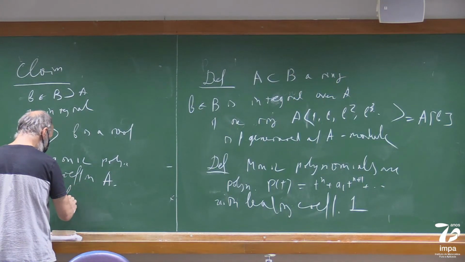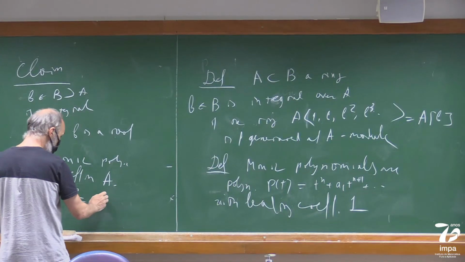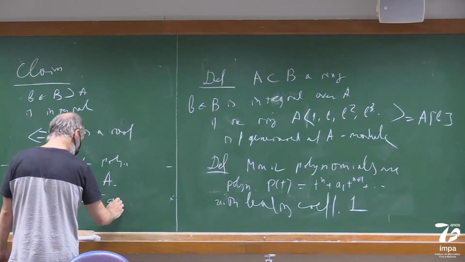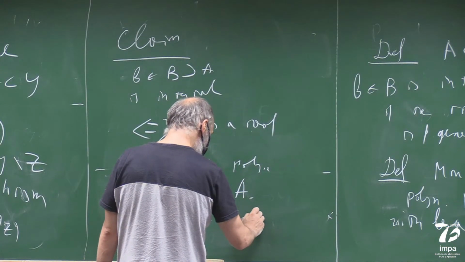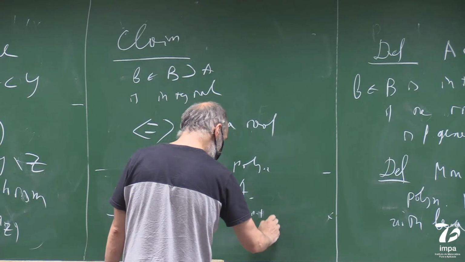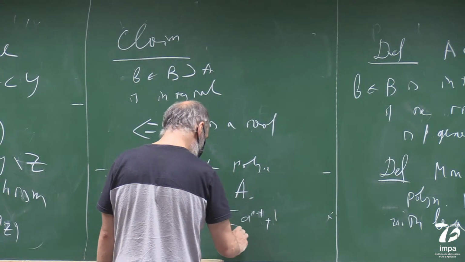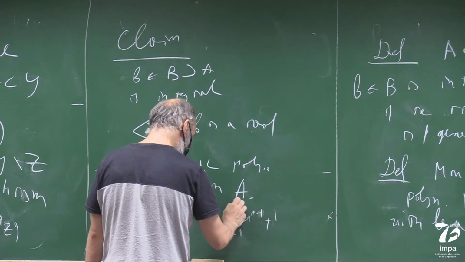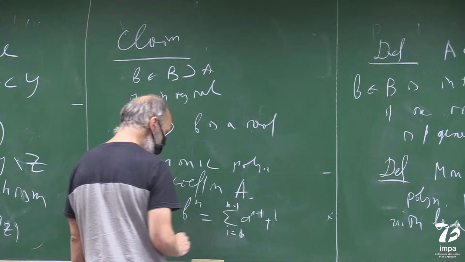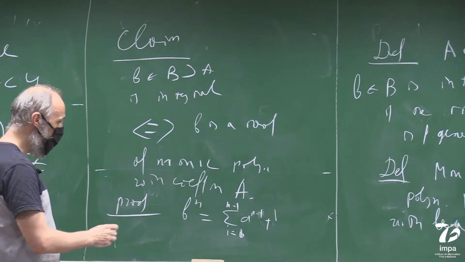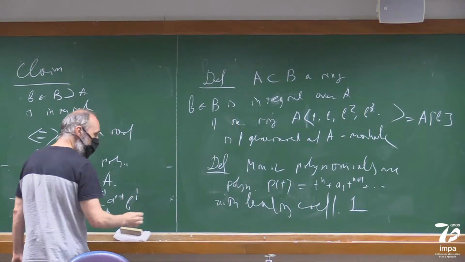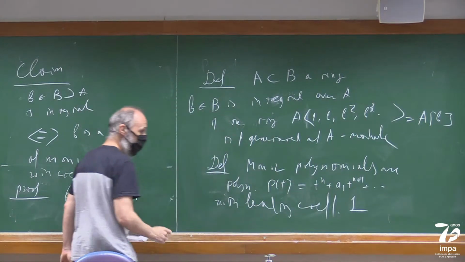Okay, if you have a relation b to the power n is equal to this sum, a n minus i, b to the power i, from i equal 0 to n minus 1. This is the relation which I wrote here.